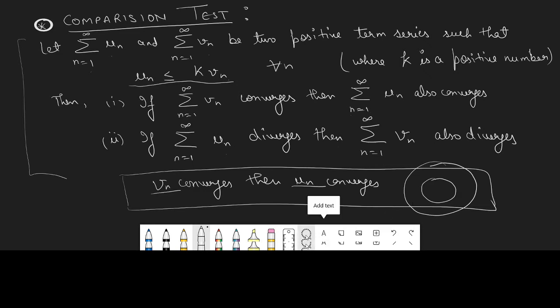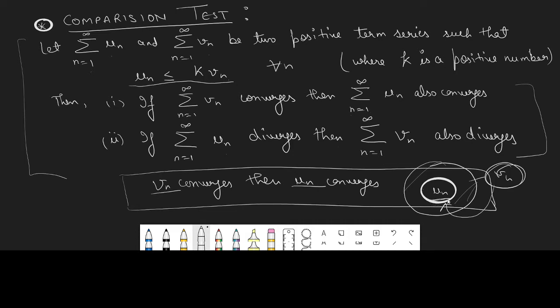It's not always like that. So if this is un and this is vn, then if this whole big series is convergent, then un will converge. This is just the way to remember this test.